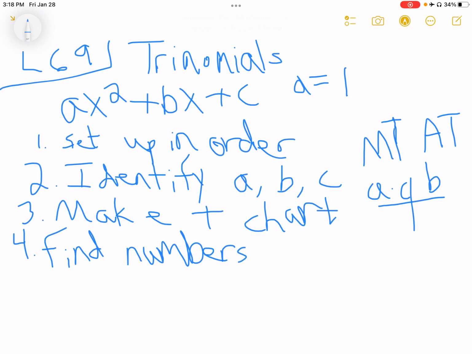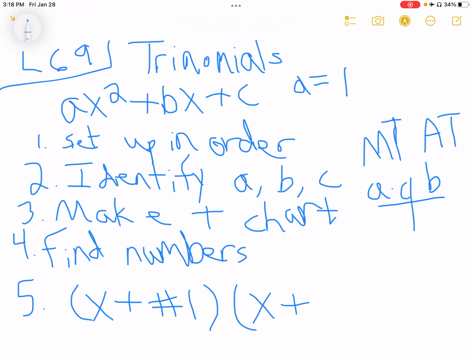And then the last one is just go write our answer, right? So once we find our numbers, then it's x plus our number 1, and then open parentheses again, and then we do x plus our number 2. So there's our steps there.